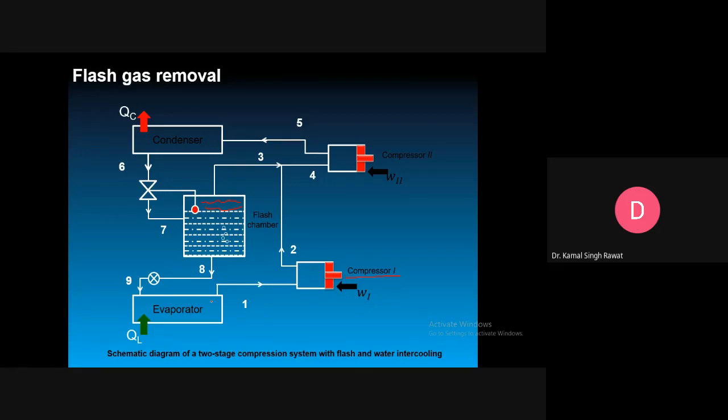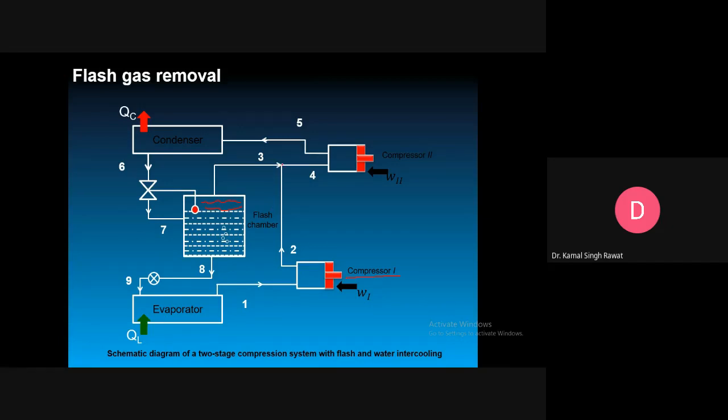And in the compressor these vapors are compressed from the evaporator pressure to the intermediate pressure. So we are not directly compressing these vapors up to the condenser pressure, we are compressing them up to an intermediate pressure.